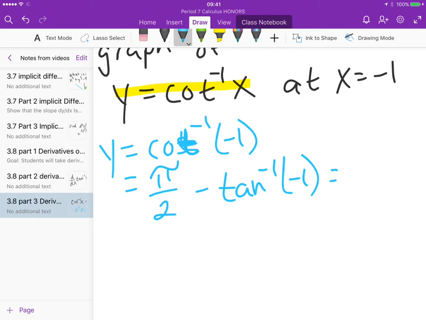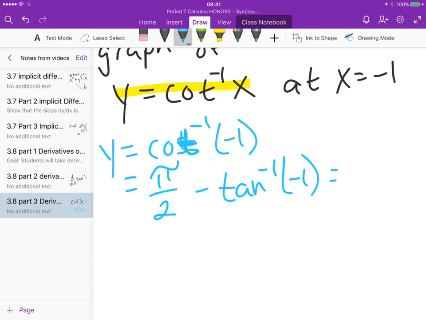And so we have to think for a second, though, about what our boundaries are for cotangent, tangent inverse, and all of the same that we deal with when it comes to finding these particular trig identities.